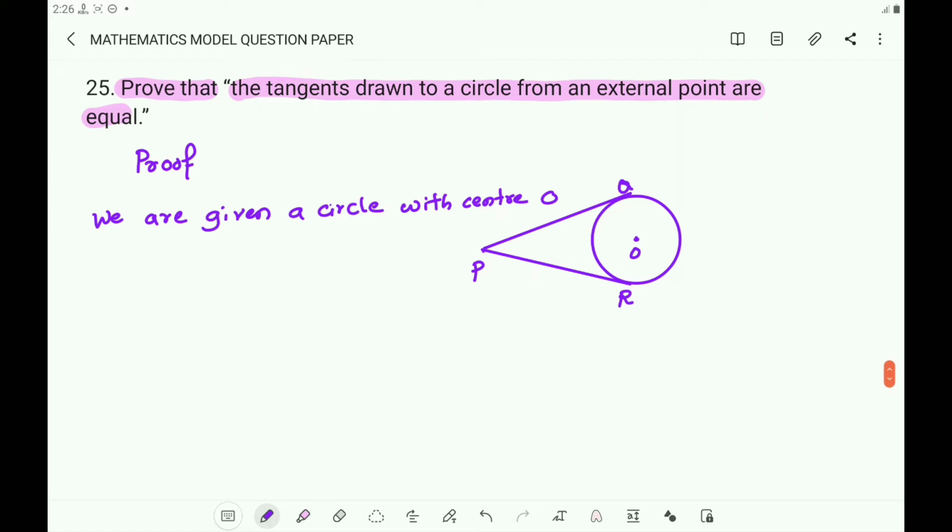It is a point outside the circle, and two tangents PQ and PR are drawn from the point P. So write, P is an external point.